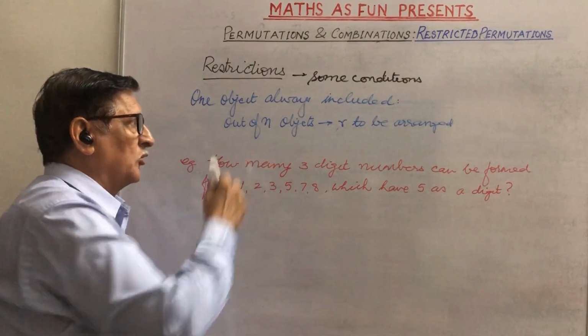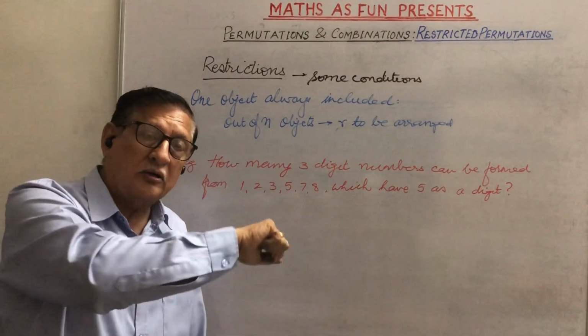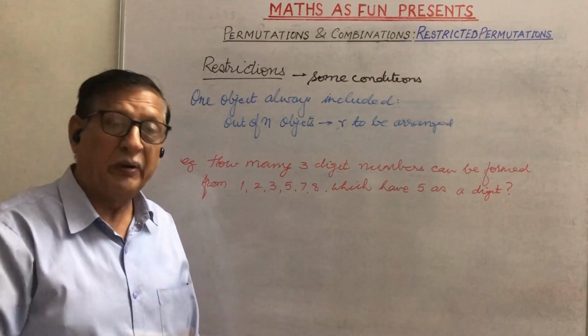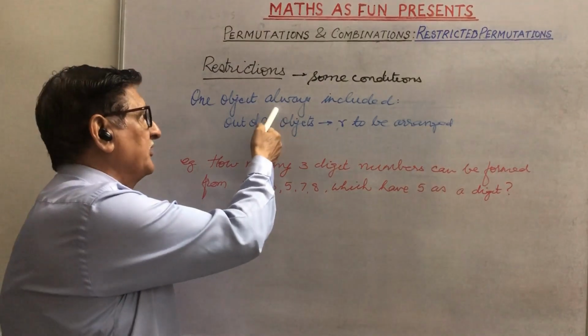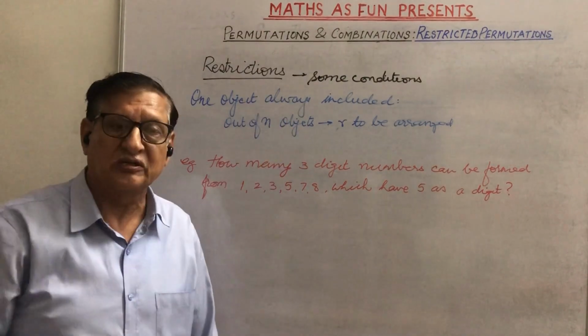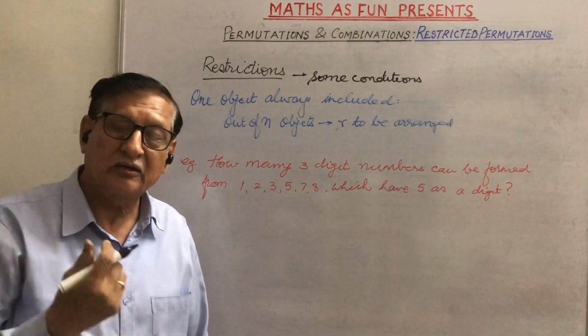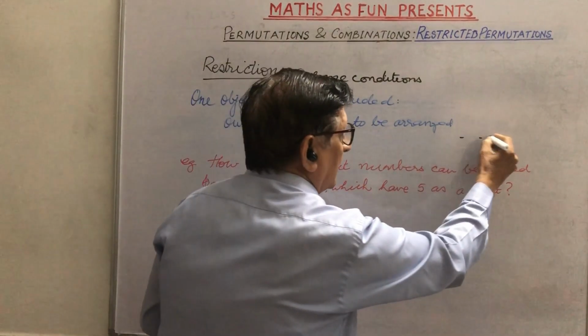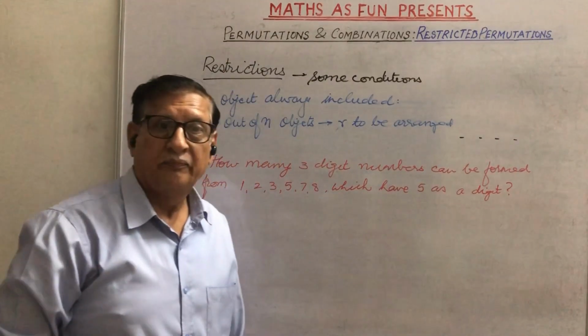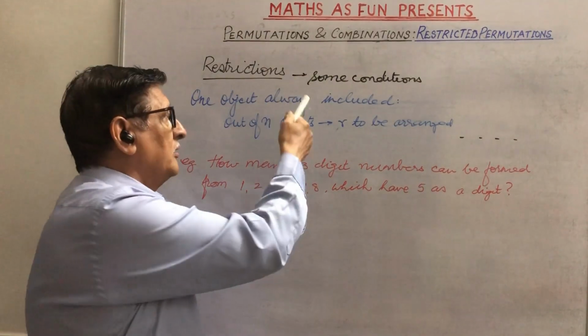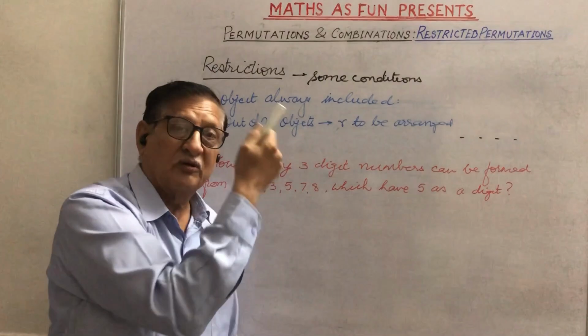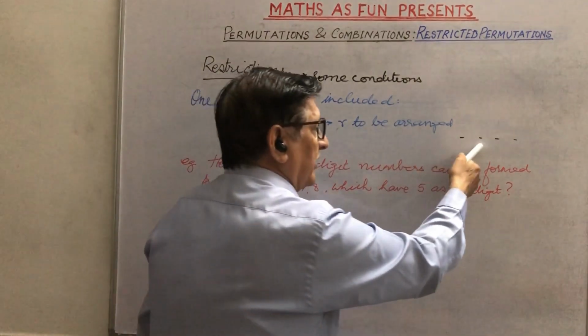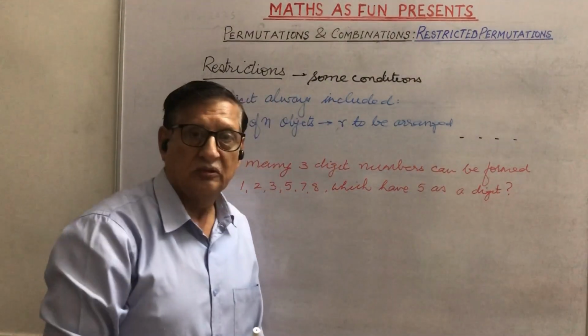Suppose there are n objects and out of them r are to be arranged, but one specific or particular object is always included in that. In that case, what will we do? See, we have r places like this. The particular object which is always to be taken can sit at any one of the places.